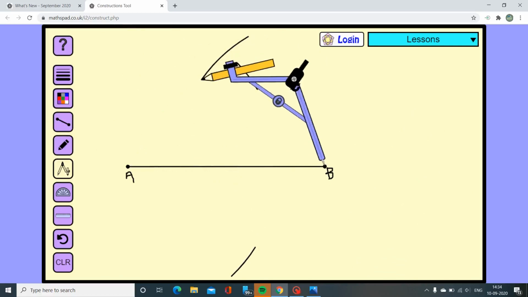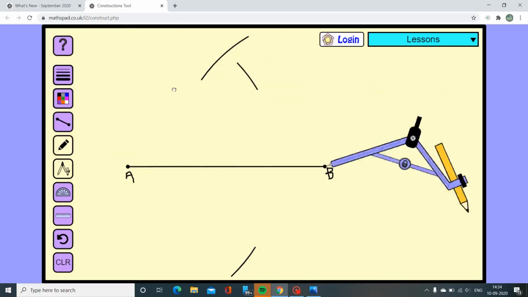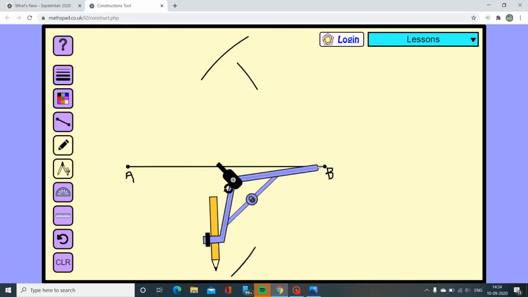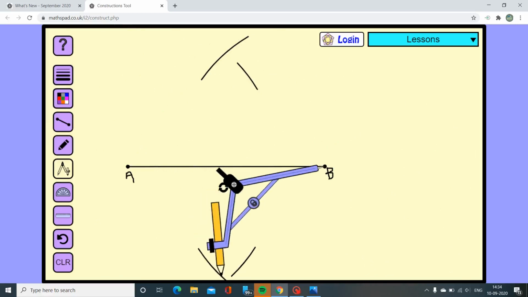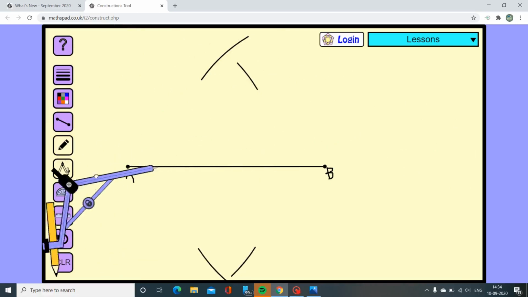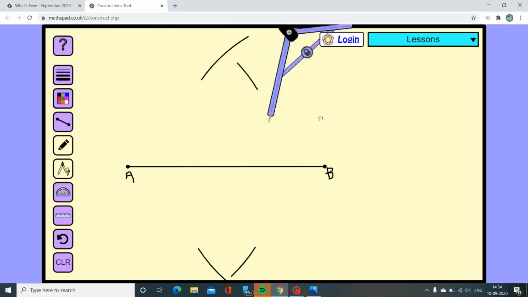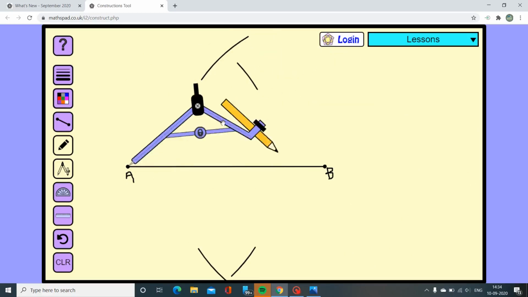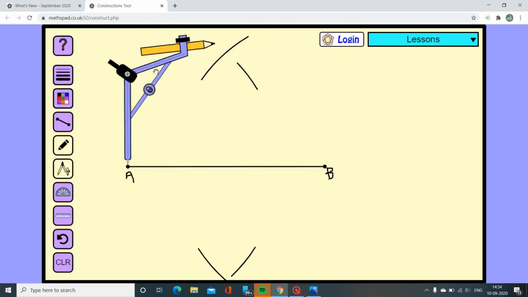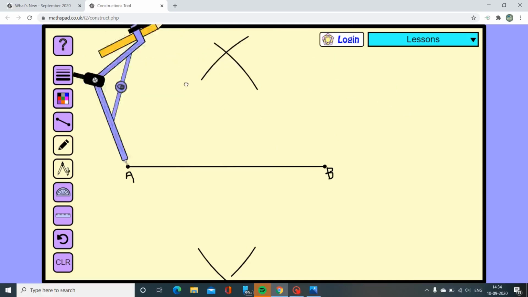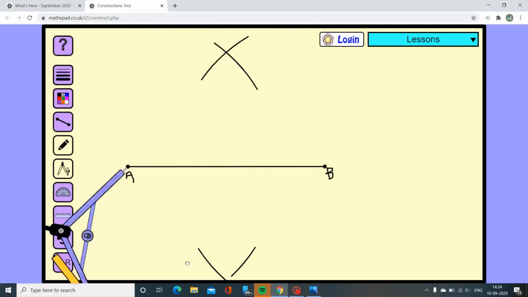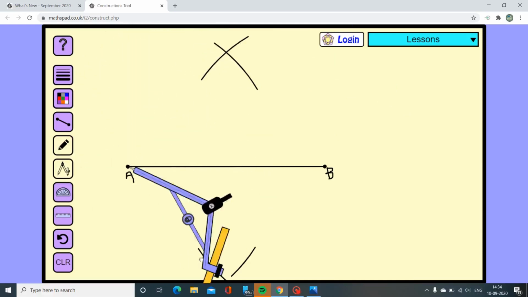If it does not intersect, we can extend that arc again. Here it is not intersecting, so again we have to extend that arc from the point A. Very important thing, we should not change that measurement, right?